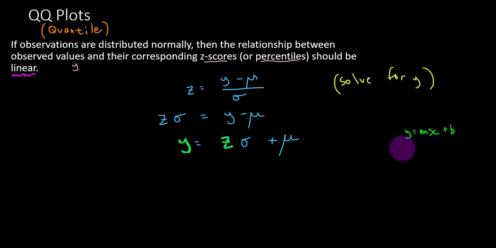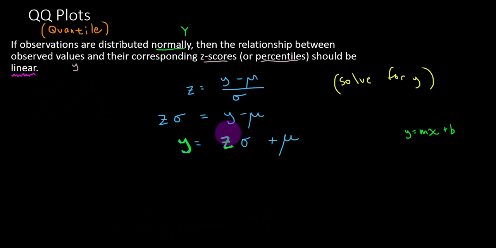So that is the reason that a normally distributed variable y, your random variable y, will be linearly related to its z-scores. Let's look at some examples.